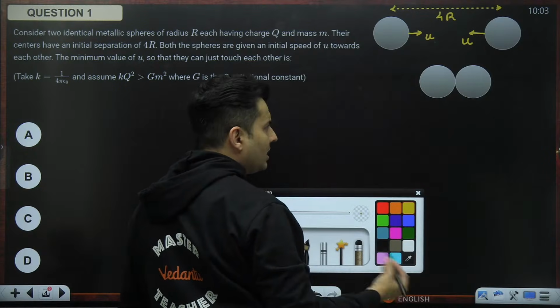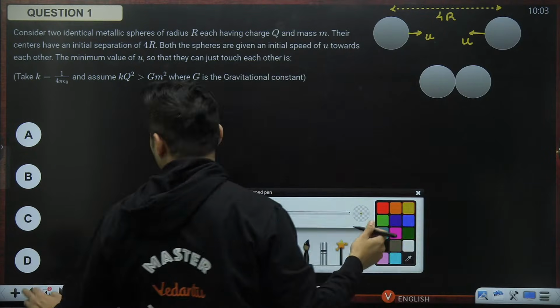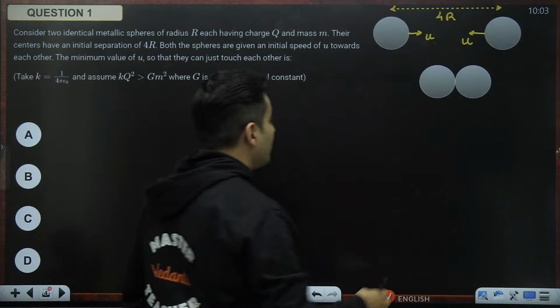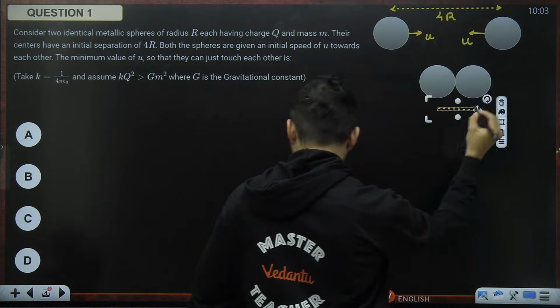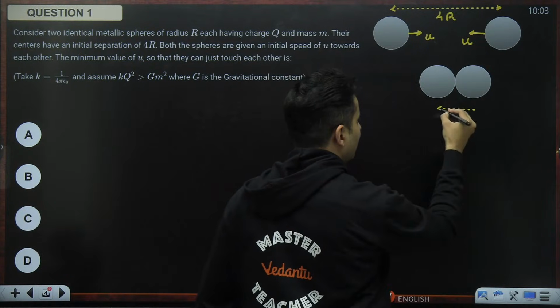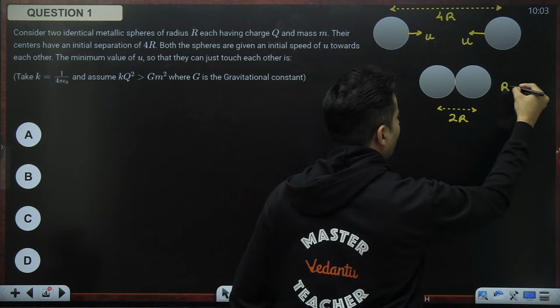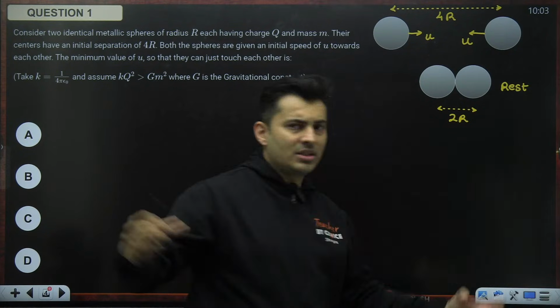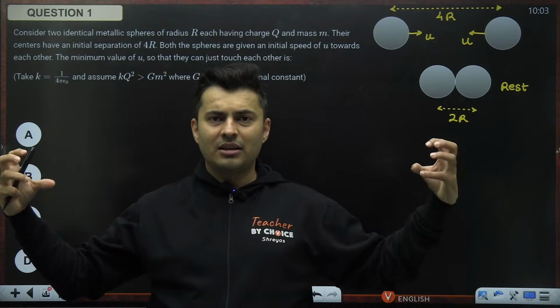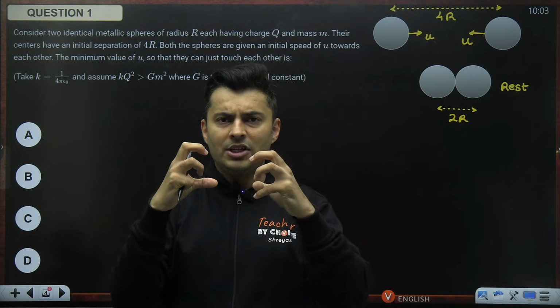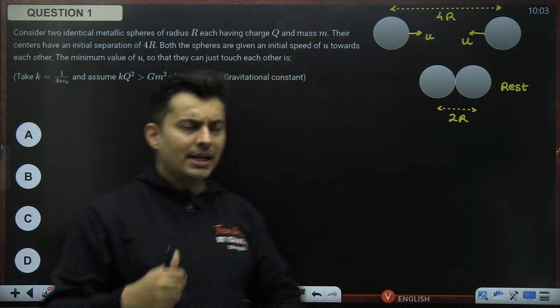And when they touch each other, because the radius is given to be r, their final separation when they are just touching each other will be 2r, and they would have come to rest, because you push them towards each other, there will be a strong electrostatic repulsion which will slow them down, and when they just touch they stop, losing all their kinetic energy.